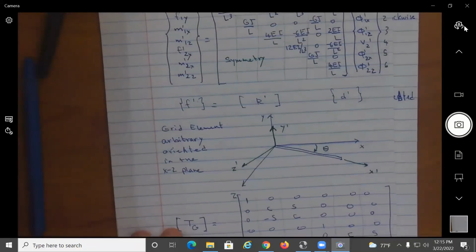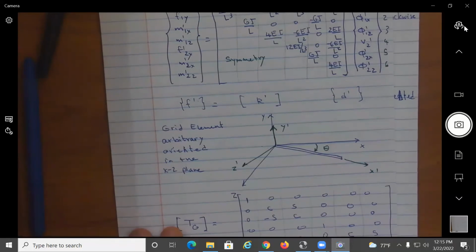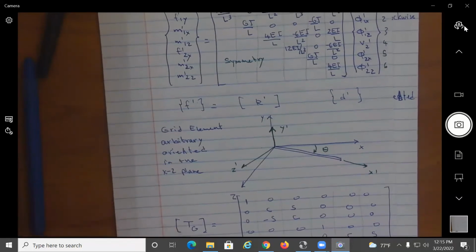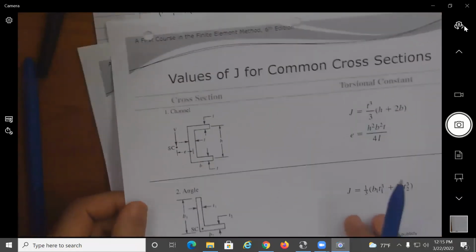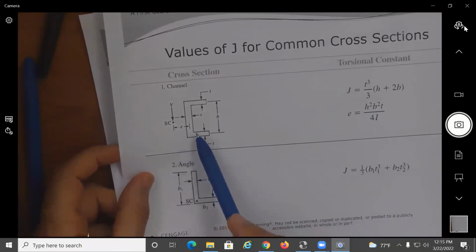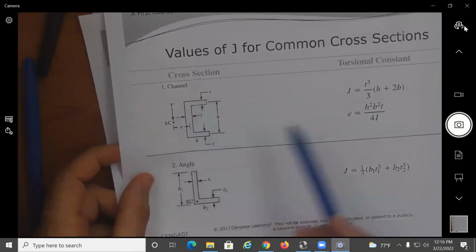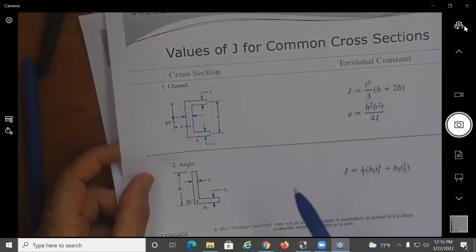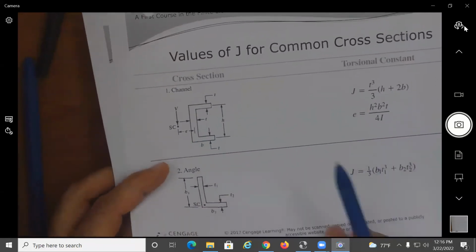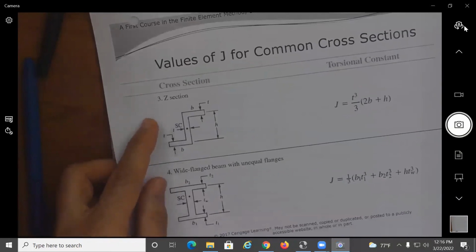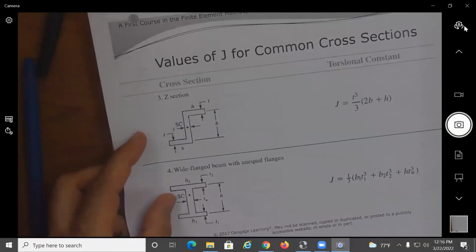Now, of course, I have to mention that grid elements do not have to be circular members. Because of that, we are going to have to find polar moments of inertia for beam sections like a channel. So this is the J you're going to be using. And for an angle, here is the J, and a Z section or a wide flange beam.